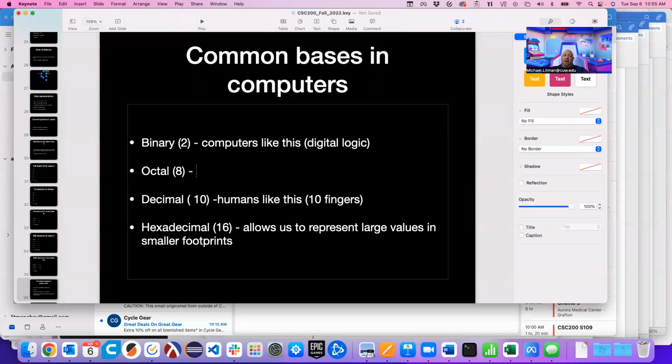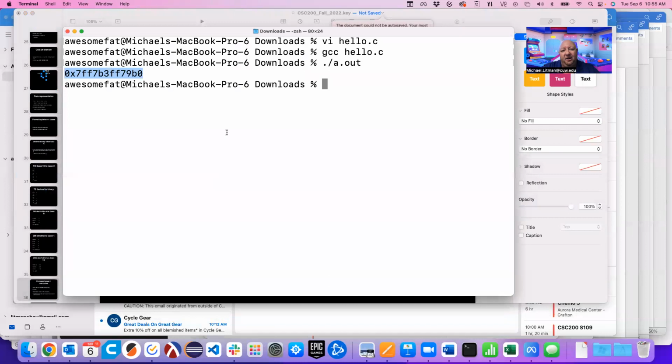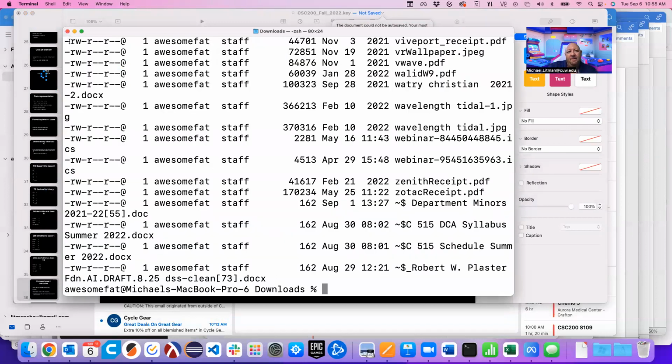We use octal, among other things, to represent things that can be written in 3 bits. The legal values for octal are 0 through 7. To give you an idea, these are the read, write, and execute permissions on an individual file.